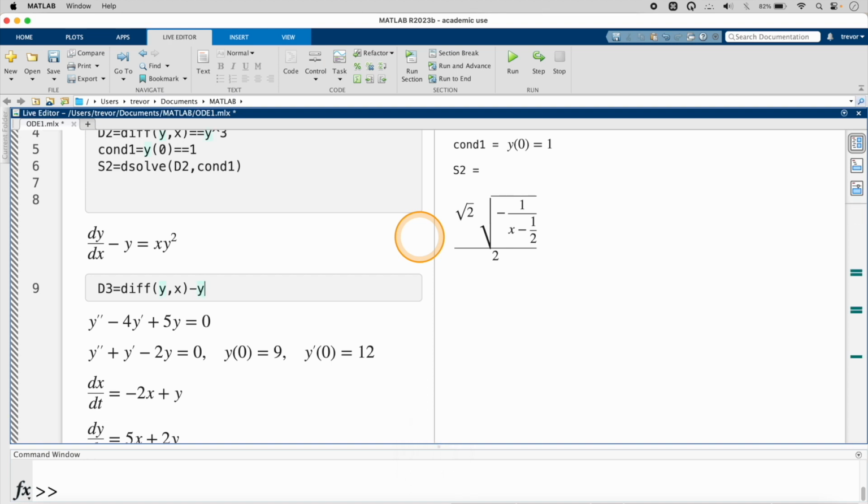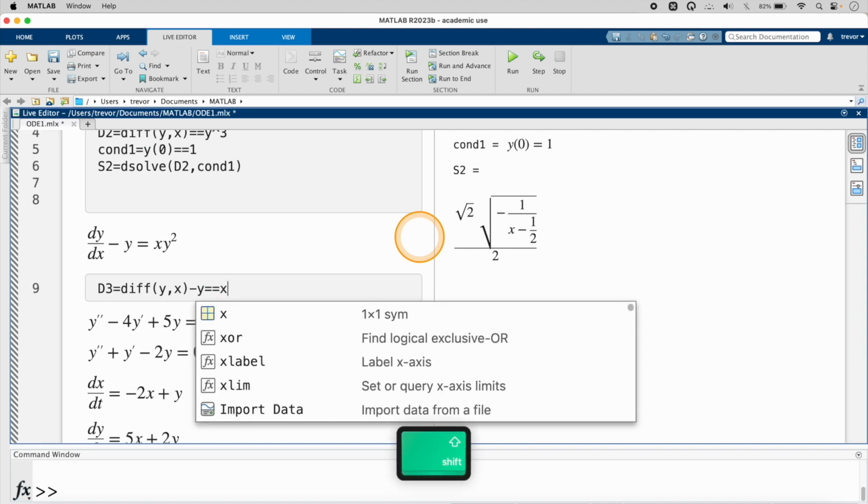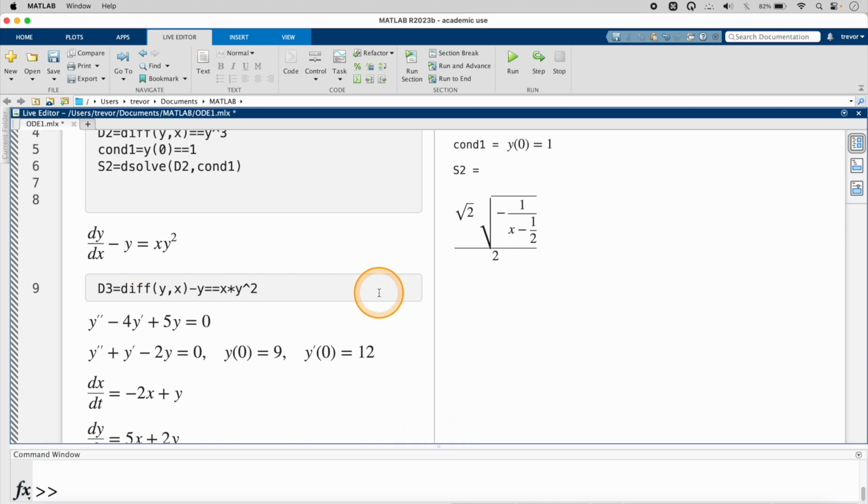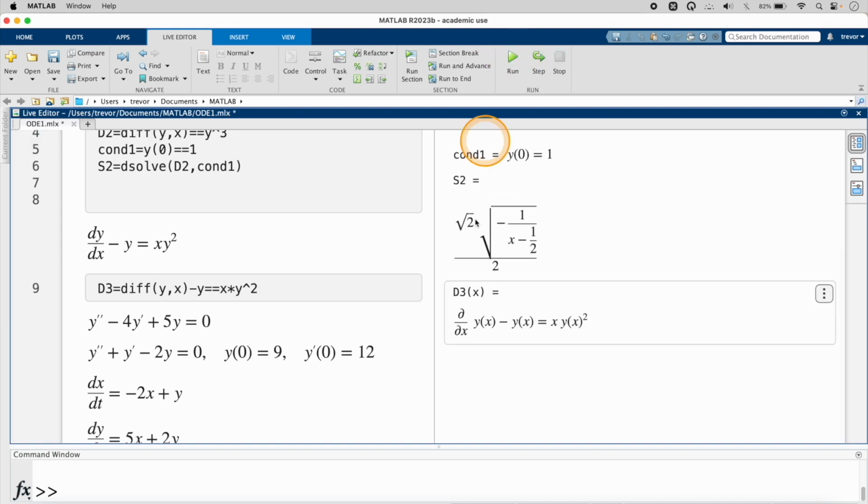Then we define the equation by double equal signs, x multiplied by y squared. So that's the differential equation. I can just check if I have entered it correctly. So we have the derivative of y with respect to x minus y is equal to x multiplied by y squared. It's saying y parenthesis x just because y depends on x.